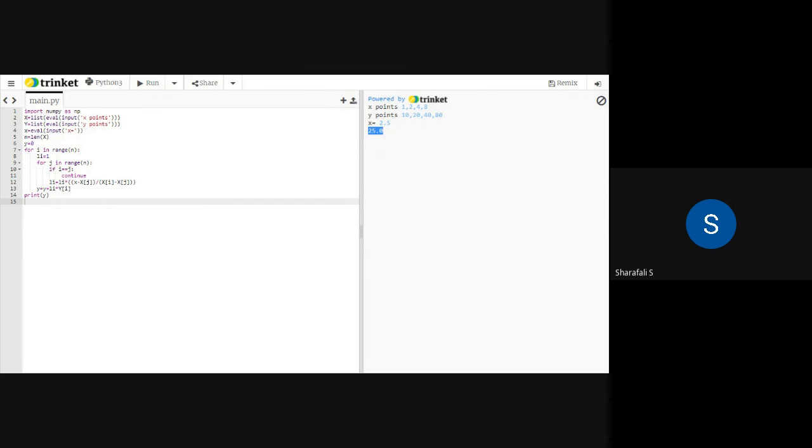When we are considering Lagrangian interpolation, we are considering a Lagrange polynomial of order one less than the maximum number of data points available. In that way, if you calculate the y value corresponding to any x value, you will get it like this. So that's all about Lagrange's interpolation or Lagrange's polynomial technique.